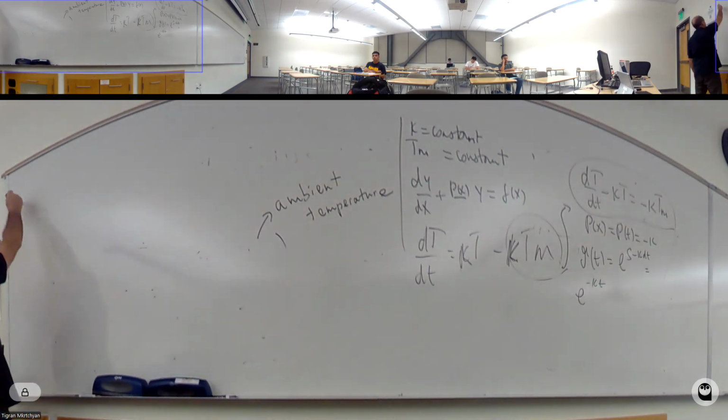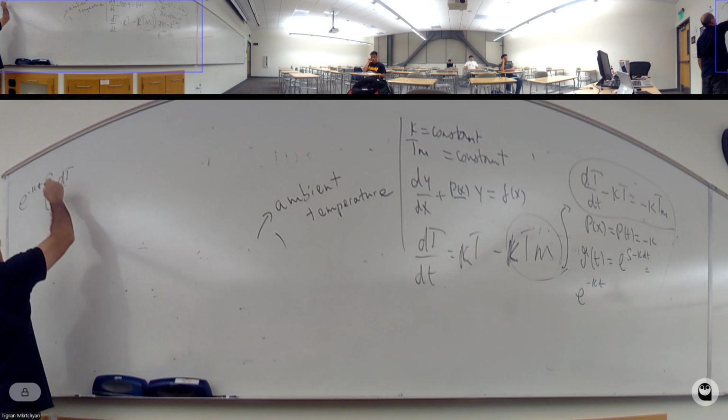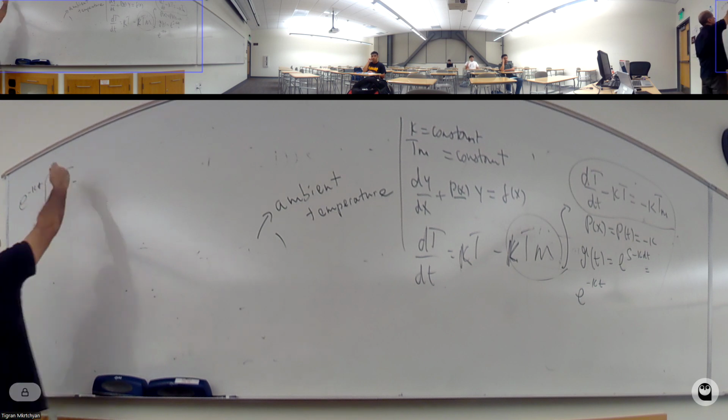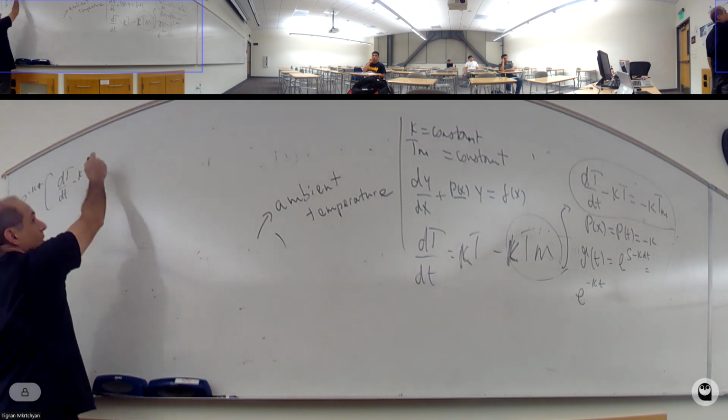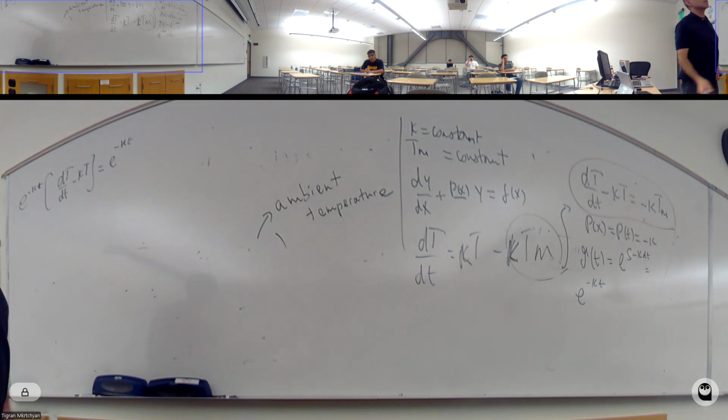So we have e to the negative Kt times dT/dt minus KT equals e to the negative Kt times the other side.